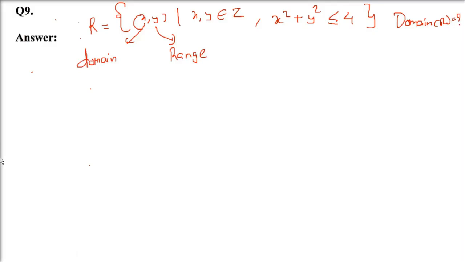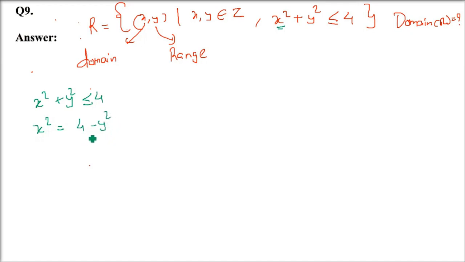Because you have to find out the value of x, you can write x square as 4 minus y square, because x square plus y square is less than or equal to 4. Remember that it is less than, and the second thing you have to remember is x and y have to belong to Z, the integers.